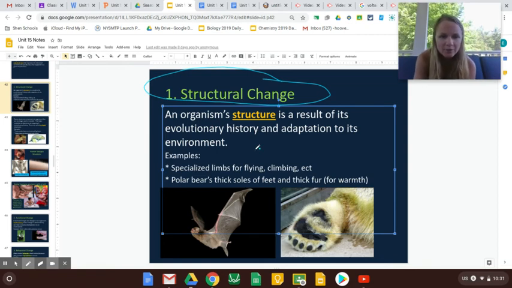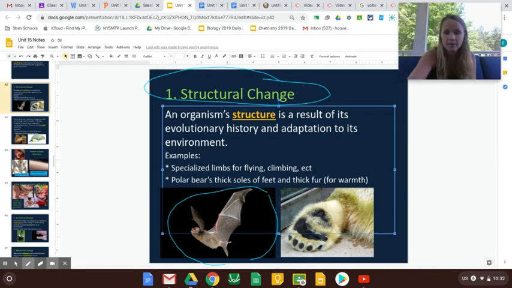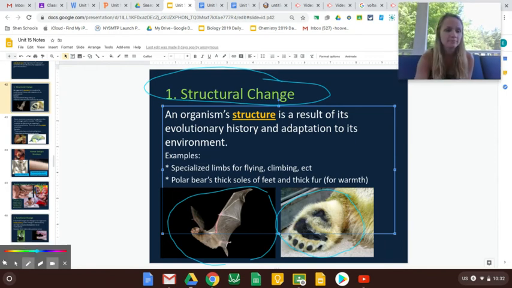Some examples of that are how things develop specialized structures. Like bats have these really cool wings that are really lightweight and they have this stretchy material that allows them to fly. Or the fact that over time, polar bears developed really thick soles on their feet that keep them warm and protect them from the sharp ice that they walk on.